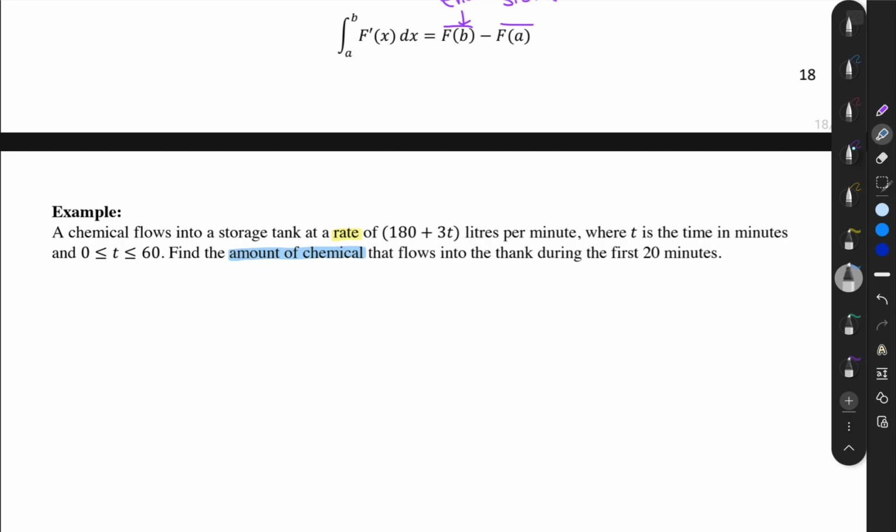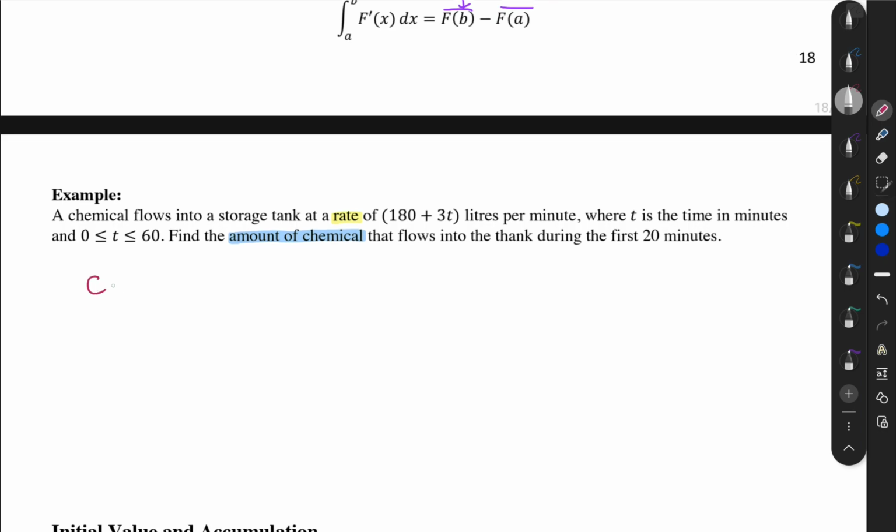So I know, let's call it C for chemical. So if C is the amount of chemical, C of t is the amount of chemical at time equals t. C is dependent on t.